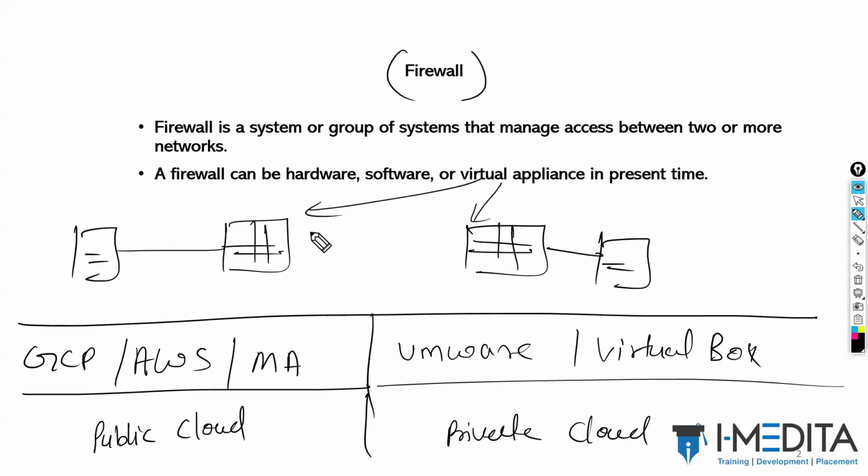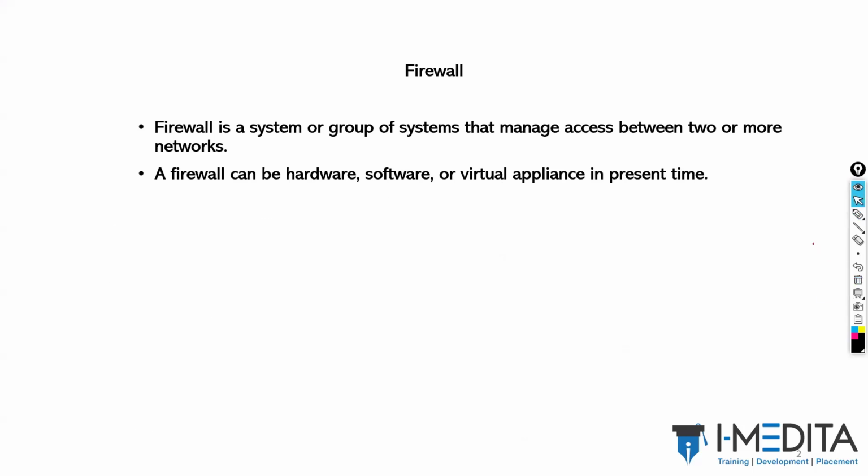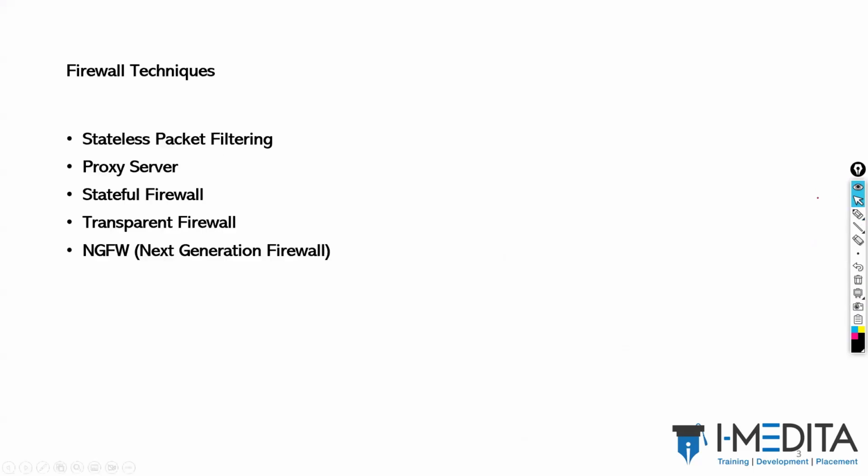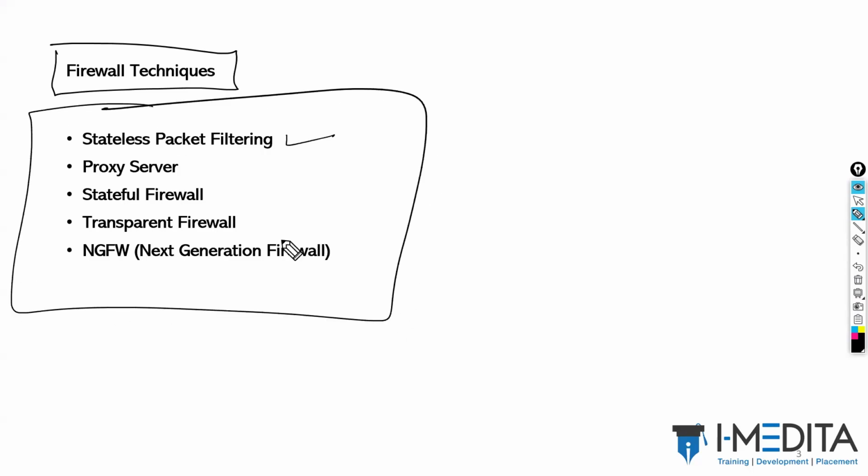Any problem? Okay. Next is firewall techniques. In present time, we have some techniques which can be available in one firewall. One firewall can have at least one, or it can have all the techniques.